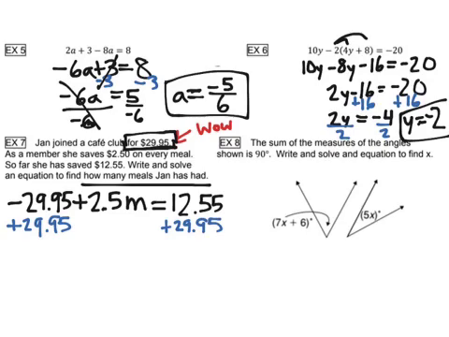And so on this side, that's going to cancel out, and we have 2.5m equals 12.55 plus 29.95 gives me 42.5. So 42.5.